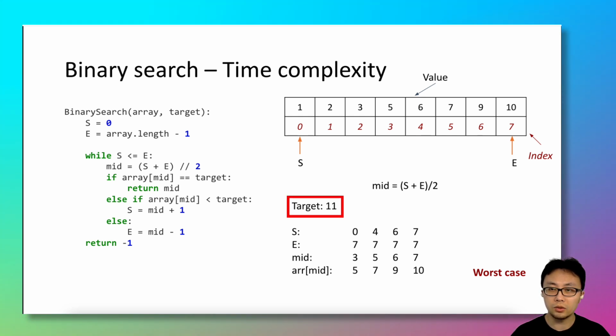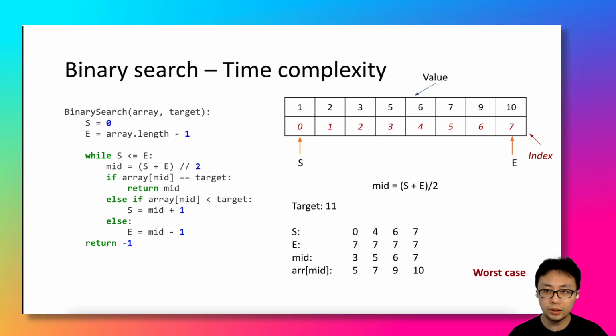In our case, the target is always bigger, so the left half always gets eliminated. After the first step, the search space is reduced to n divided by 2, which is 4 in our case. After the second step, it's further reduced to n divided by 4, which is 2. After the third step, it's n divided by 8, which is 1 in our case.